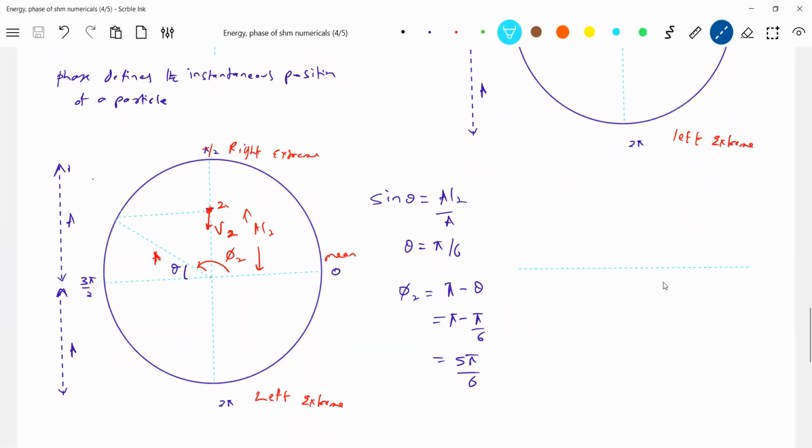I'll draw the next diagram, then it will be easy for you. So this will be plus A. Sir, left extreme is at 3 pi by 2. Wait, I'll show it. Give me time.